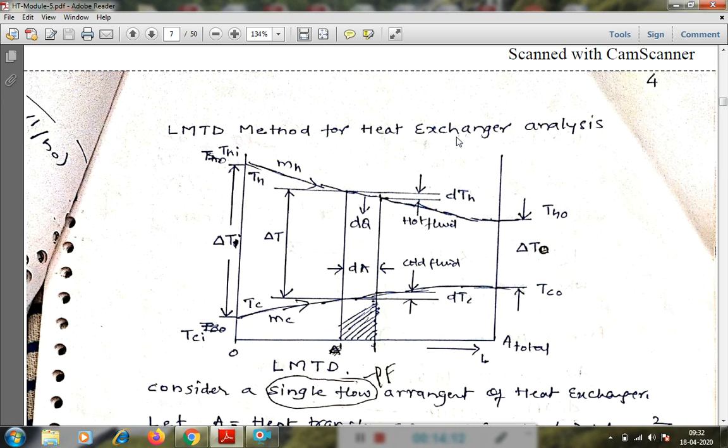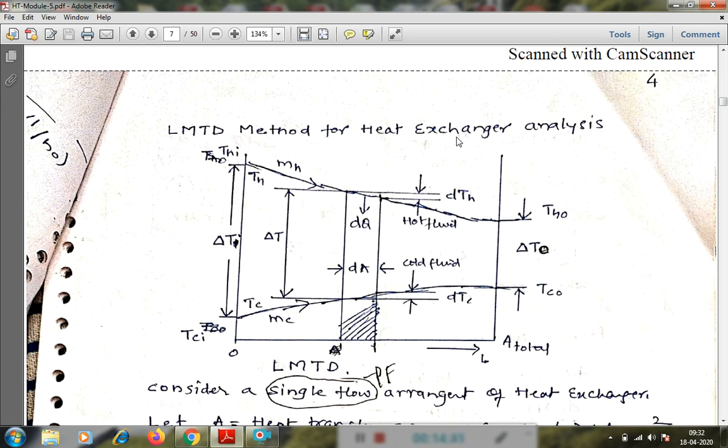The analysis of heat exchangers is to be carried out using two methods. One is the LMTD method, the logarithmic mean temperature difference method. Another is the NTU method, the number of transfer units method, also called the effectiveness method. First I will take the LMTD method for the analysis of the heat exchanger, and later we will go for the NTU method also.